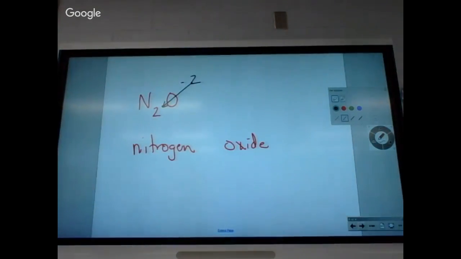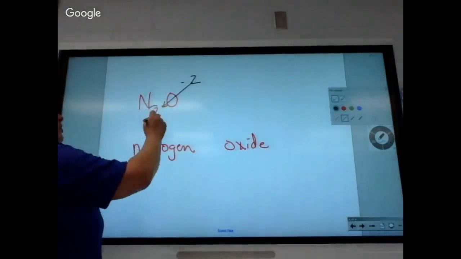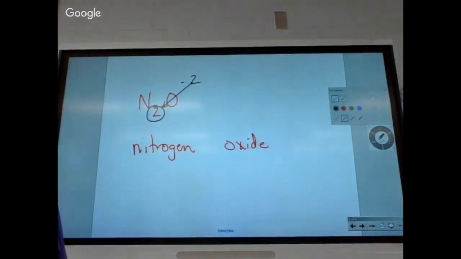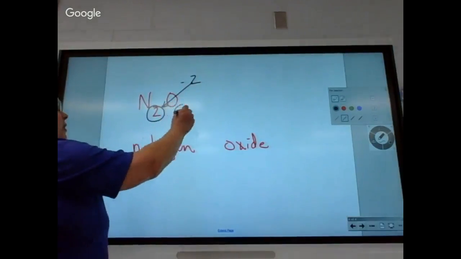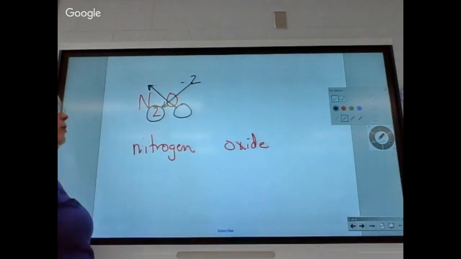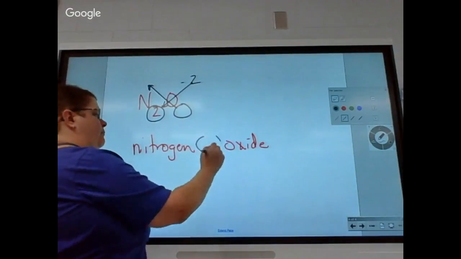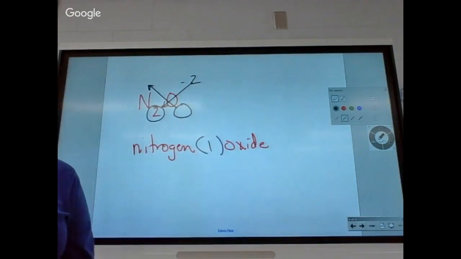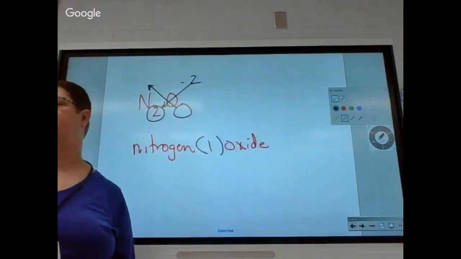When you bring the 2 down, the 2's already in the formula, right? So was this one reduced? No. See, this one wasn't reduced, and that's what makes this one different. Because when you look, this 2 is there in the formula, okay? So this one wasn't reduced. You don't have to multiply by 2 or anything because the 2 is still there. So this number is what came from the N. So what number came from the N? That's what we put in Roman numerals. It's just a 1. Okay? Because that one wasn't reduced.